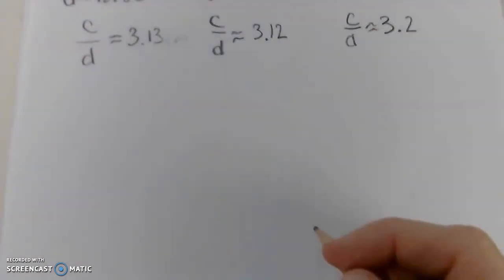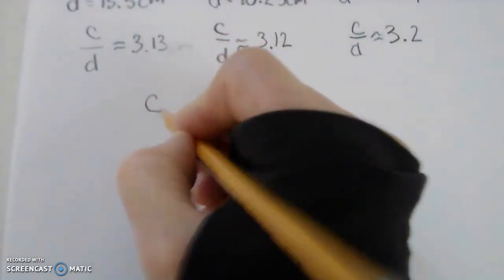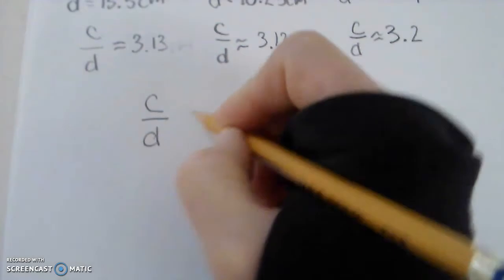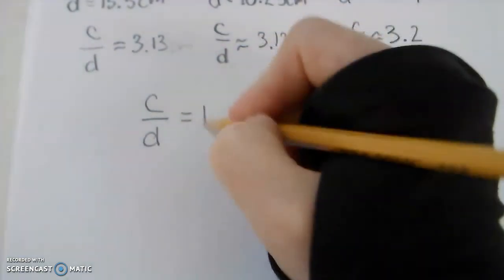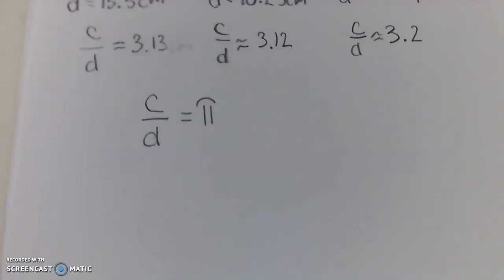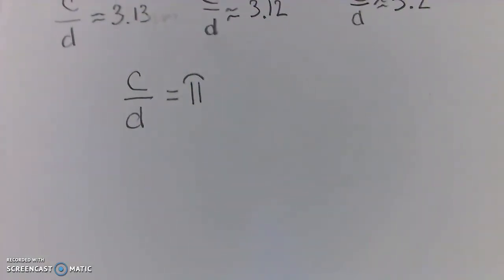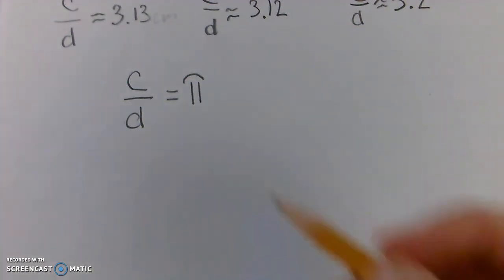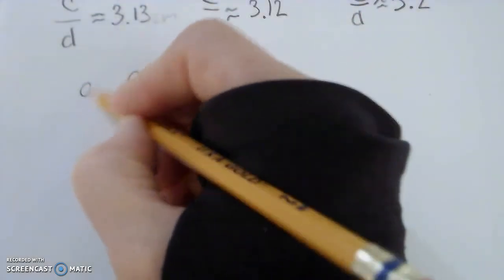So what we just learned, and this is just through this experiment, is C divided by D is equal to that 3.14, the approximate number for pi. C divided by D is pi. Okay, well, what does that mean about C, the circumference? Well, what if I multiply both sides by D?